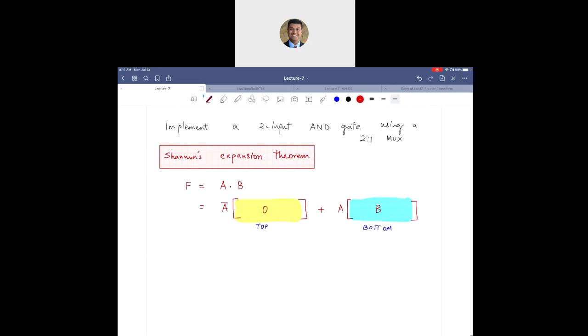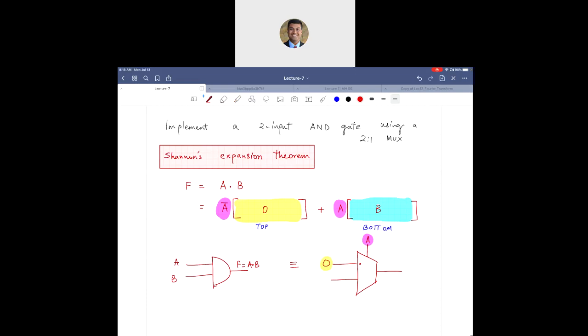So I can quickly go now to the symbol and say A, B, F equals A and B. It is equivalent to a mux based design where you have the select line as A, and when A is 0, your input is the top input, 0.